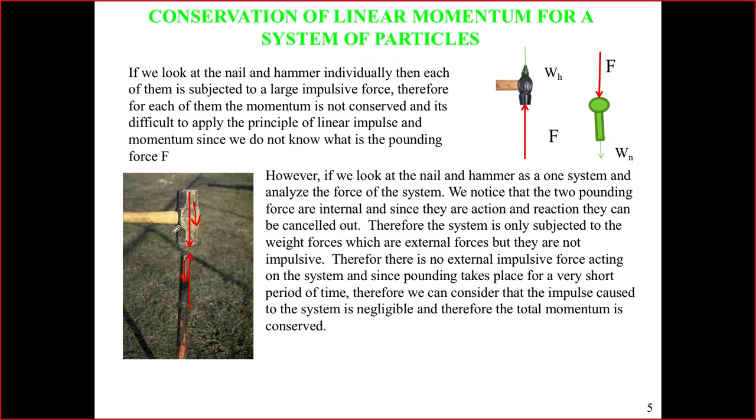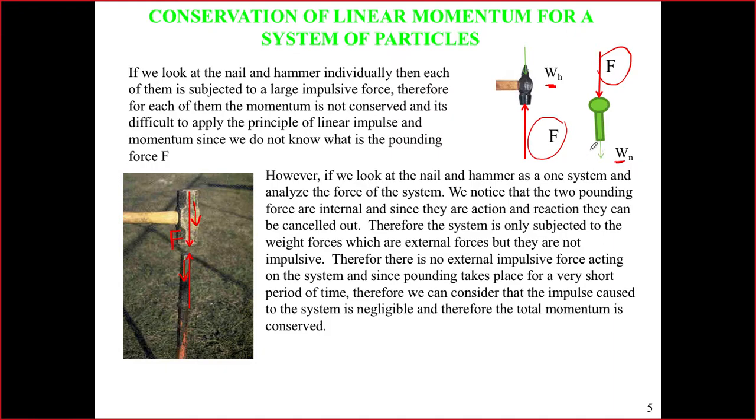Then my large impulsive forces are of course just internal forces in the system, right? So the net impulse because of this capital F actually cancels out when I look at both of the particles as a system. And at the same time, the weights are already discarded because they were non-impulsive. Their impulse was very small.